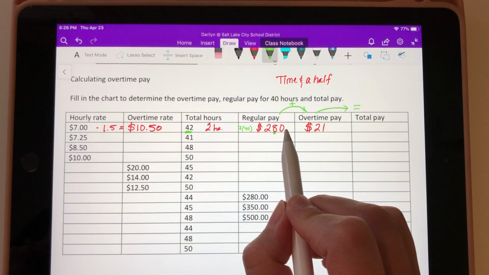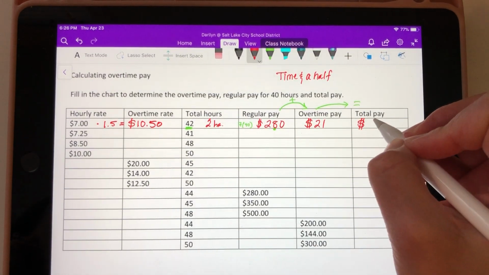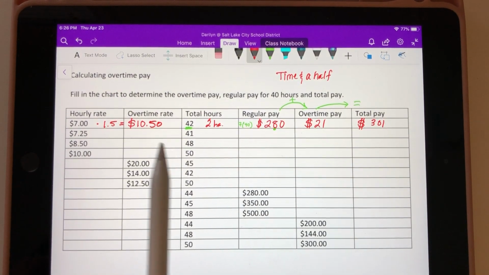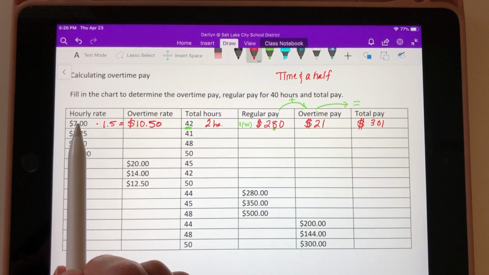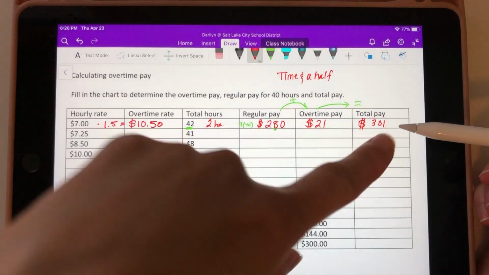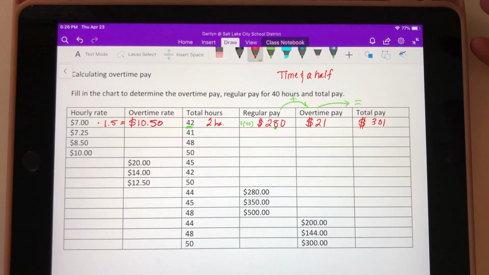So $280 plus $21, that's going to give you $301. So if you work 42 hours in a week at $7 an hour, you should be getting paid before taxes, $301. We all know the taxes takes out a ton, so whatever.